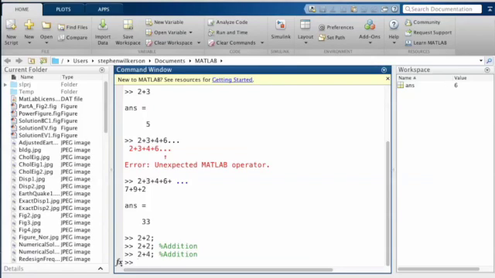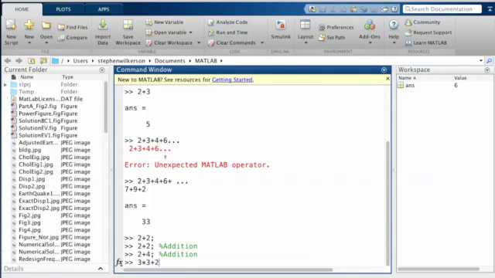Now, order of operation is really important in MATLAB. The order of operation is parentheses, exponents, multiplication and division equal, and then addition. Let me give a couple of examples. If I have 3 times 3 plus 2, the computer will do the multiplication before the addition.